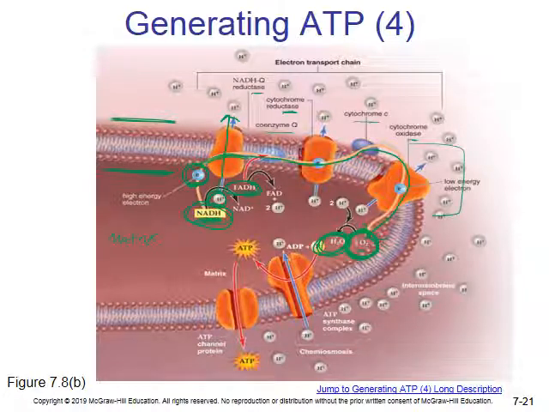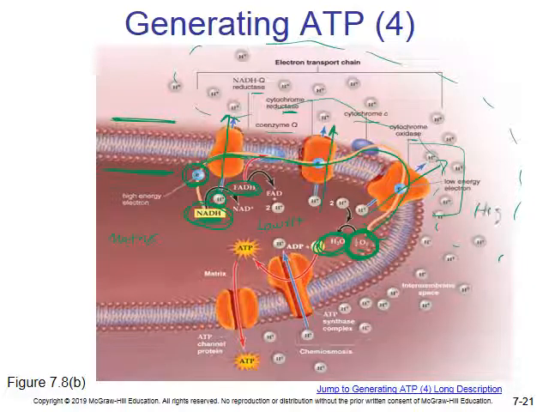It's kind of like as the electron gets here, hydrogens are pushed from one side of the membrane to another. And you can see that happening repeatedly. The hydrogens build up out here. So you have a low hydrogen atmosphere inside, and you have this high hydrogen atmosphere outside.